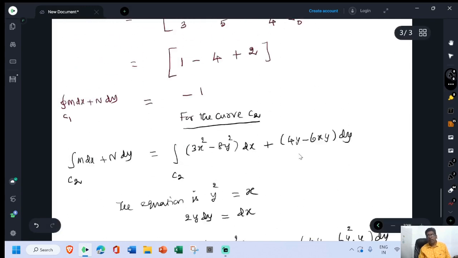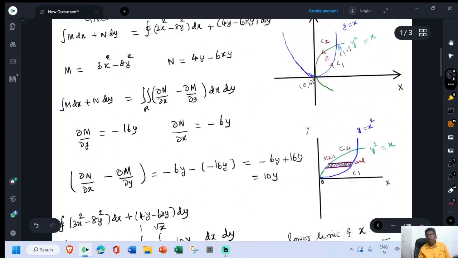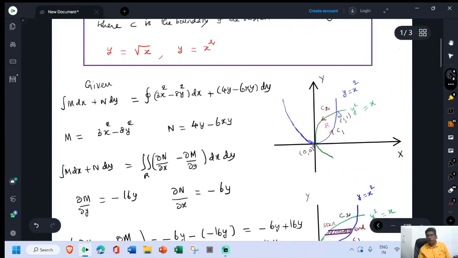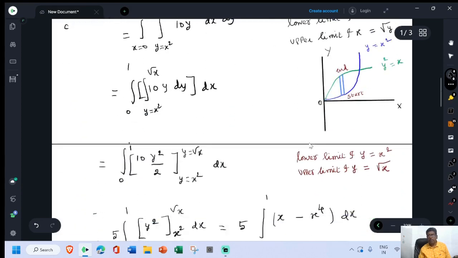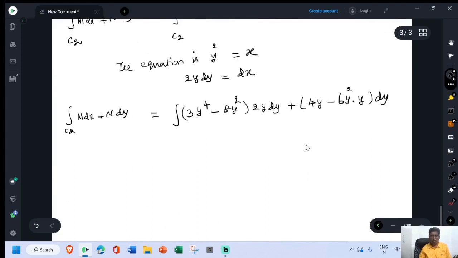Now we should come to our limits. We are talking about the C2 curve. The lower limit of C2 is 1, upper limit is 0, because the curve is approaching origin. So lower limit is 1, starting point is 1, end point is 0.